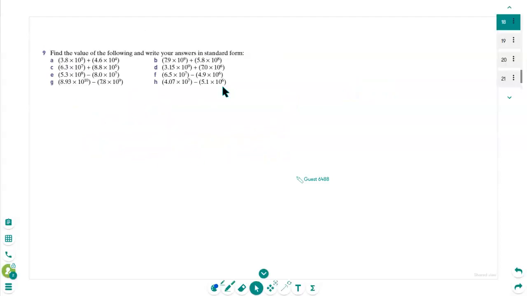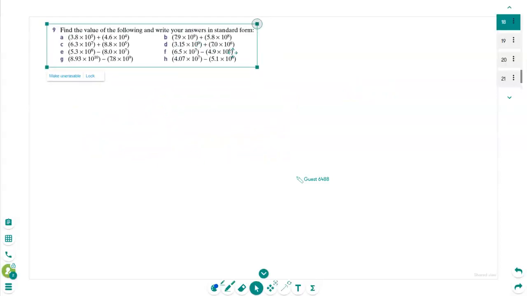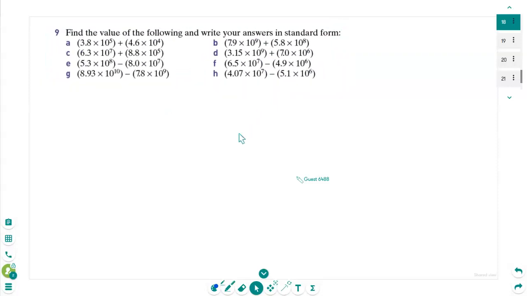Okay. How about this? Find the value of the following and write your answers in standard form. This is the interesting one. How will you do this? There are two ways to do this. One is converting both these numbers into the ordinary form and then adding and then converting back to standard form.